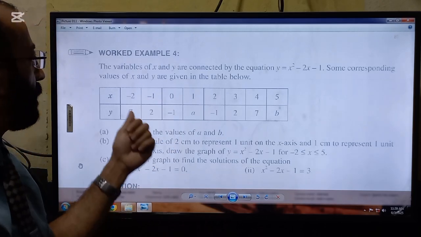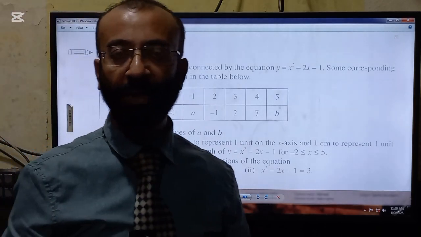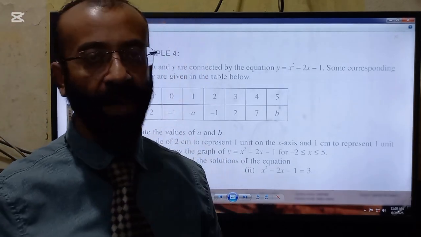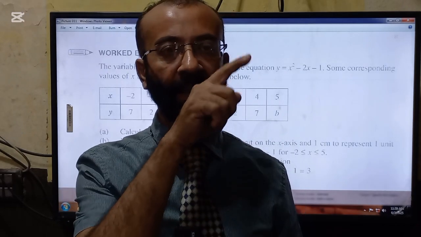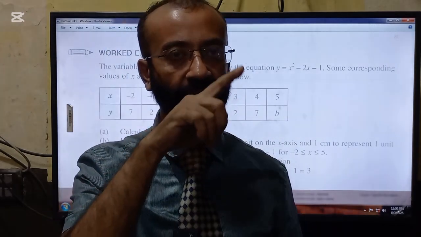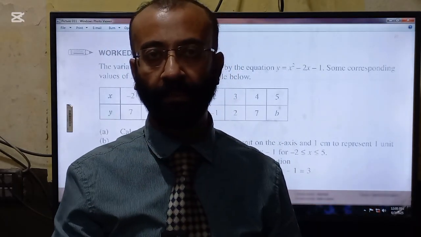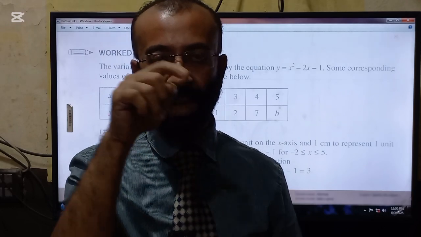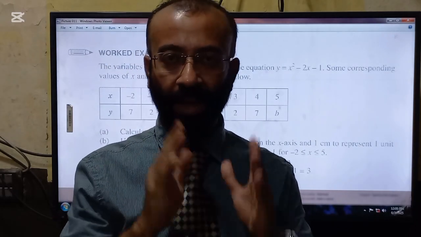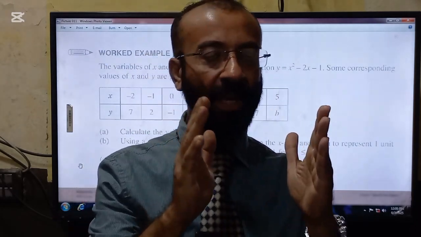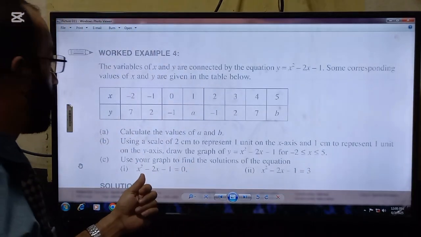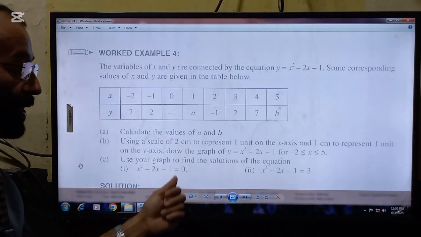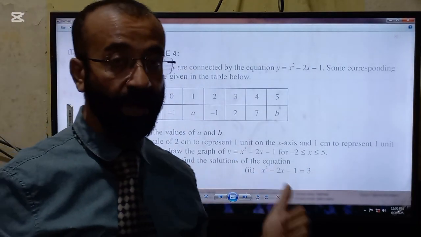We will plot this set of the values on the graph paper. Next step will be we will join these points with the help of a freehand curve. Next step will be label the curve, and after that stage you will be able to solve the last part. That is somewhat different.